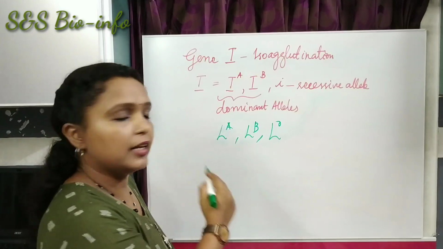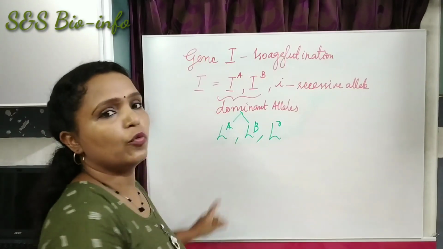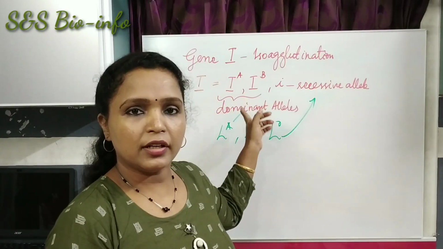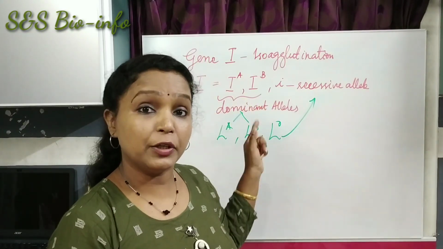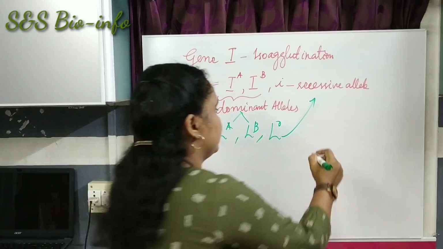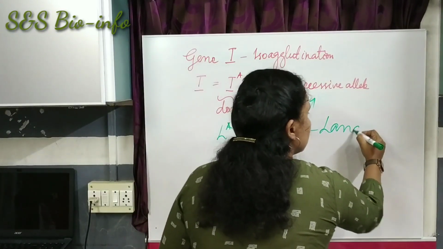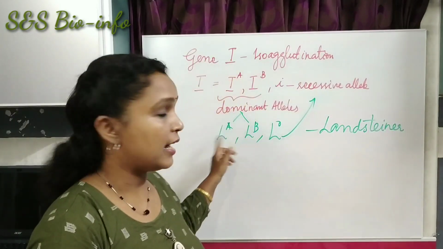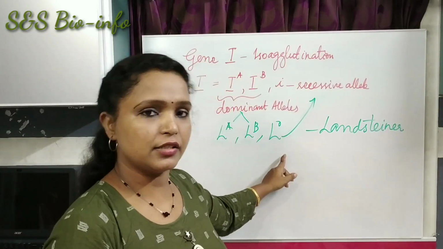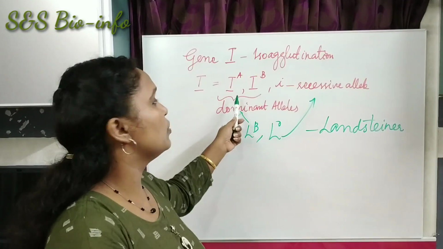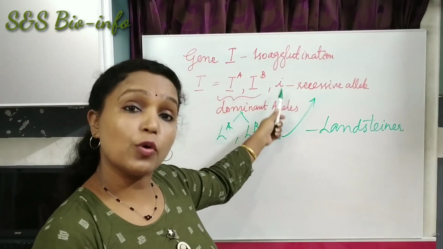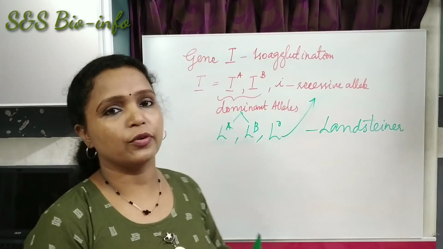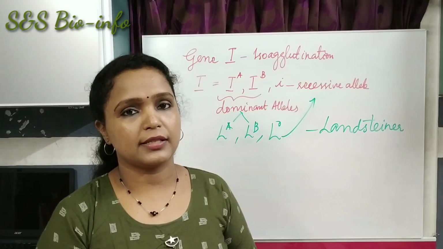Here LA and LB are two dominant alleles while L0 is the recessive allele. The letter L is after the name of the blood group discoverer Landsteiner. But usually we use IA, IB and small i for representing the alleles of the particular gene I for the blood group in human beings.